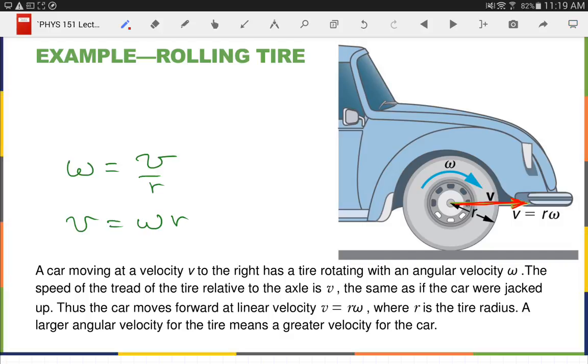Too high or too low? That is, the speed your speedometer says compared to reality. If it's a flat tire, what's happening to R? It's smaller. And so what happens to your actual speed compared to what the speedometer says? It drops. So if your tires are flat, you're actually not going to be going as fast as your speedometer says. If you overinflate, you might be going a little bit faster.